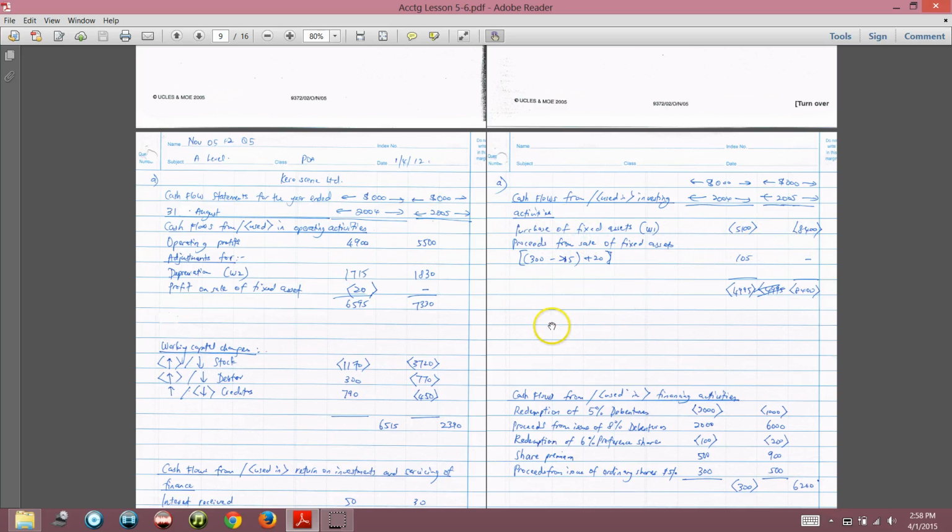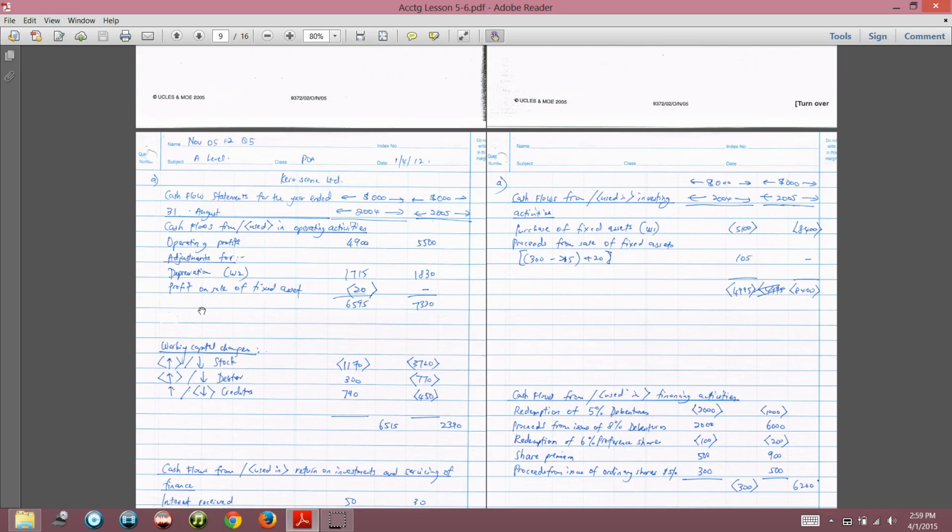Okay, so now I get one thing already. Now you see here, adjustment for, all the cash flow from investing activity is already dealt with in this caption. So under adjustment here, anything regarding the fixed asset, we will exclude from the operating profit, because the profit on sale of fixed asset was initially included in the operating profit figure. So now we exclude it because the cash flow regarding properties and fixed asset is dealt with under this heading here.